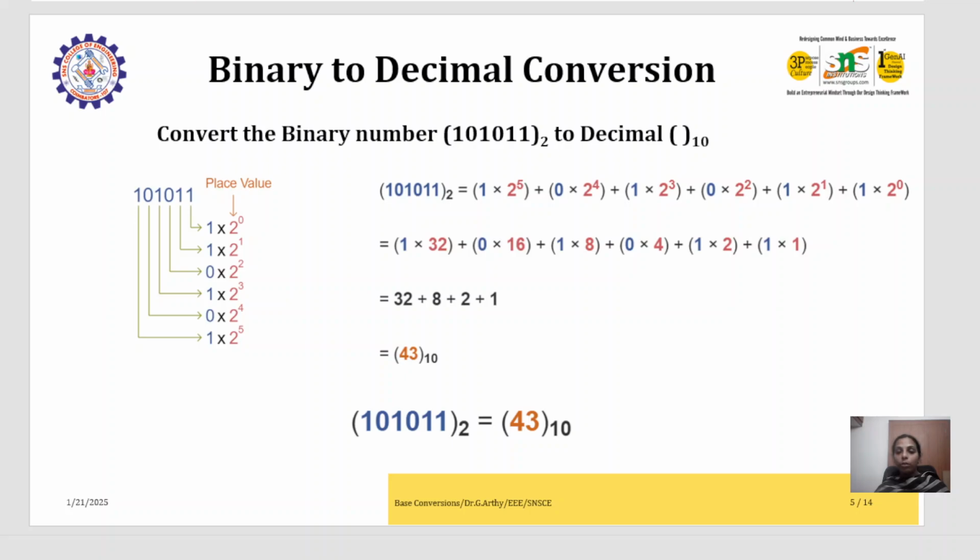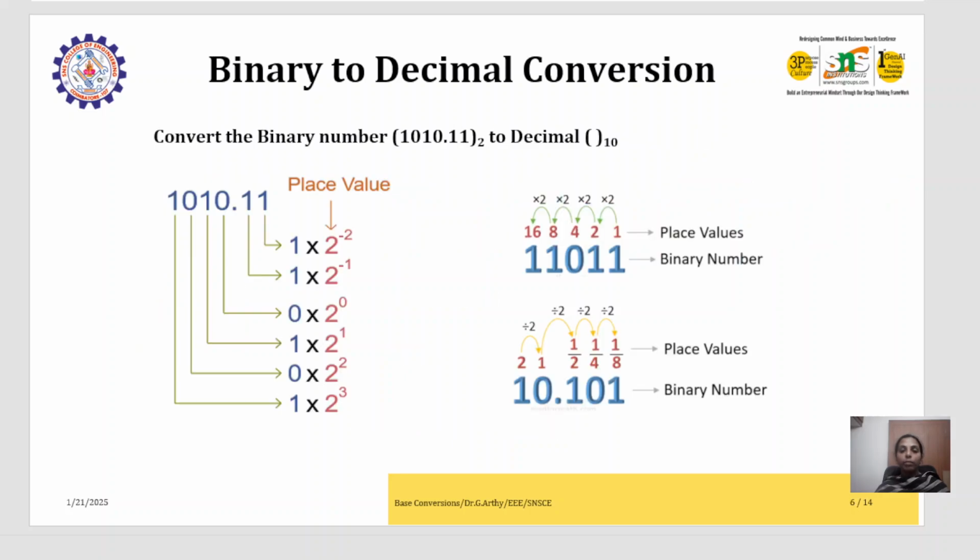So 1 into 2 power 0, then this 1 into 2 power 1, this 0 into 2 power 2, that is what I have written here. Next 1 into 2 power 3, next 0 into 2 power 4, next 1 into 2 power 5. Now when you simplify this, we get a value, and that becomes the decimal equivalent of the corresponding binary value.